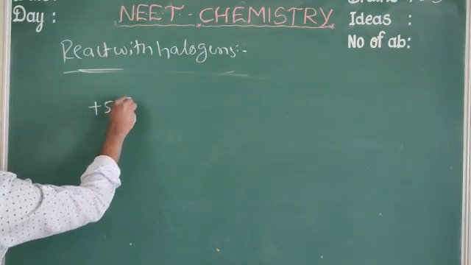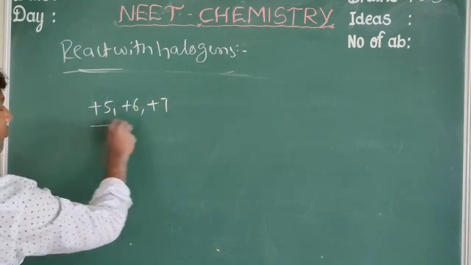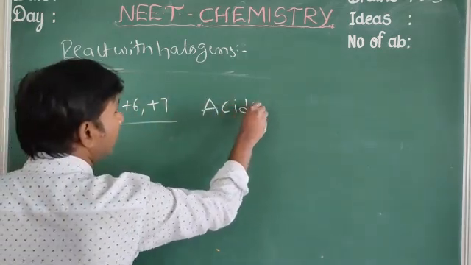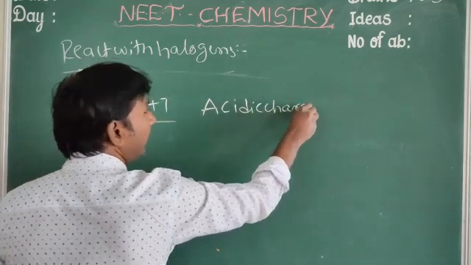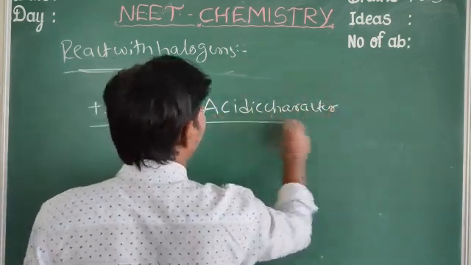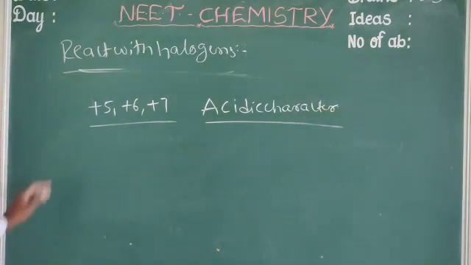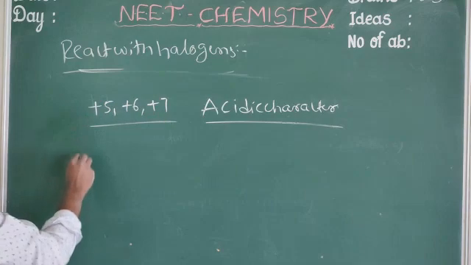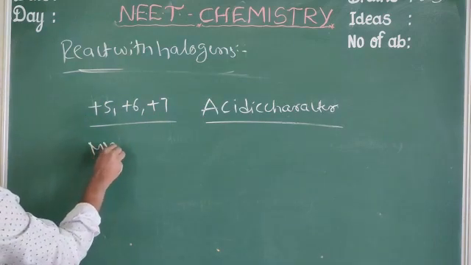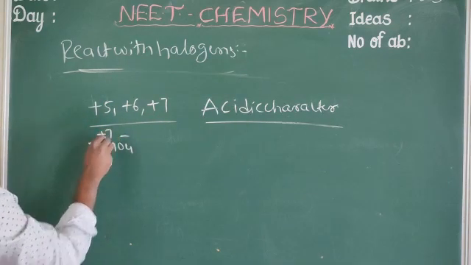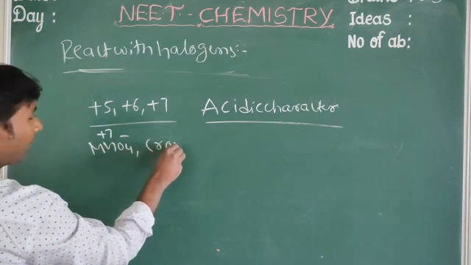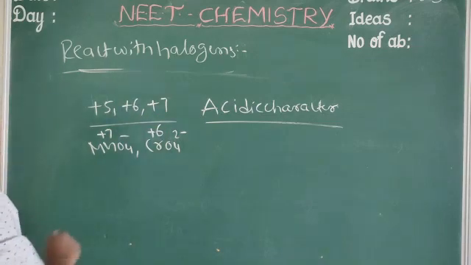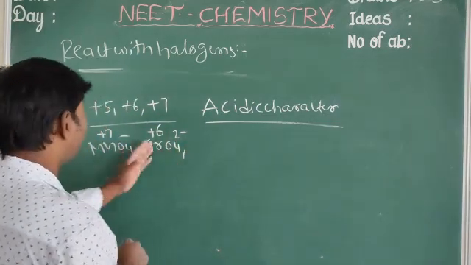Next, +5, +6, +7 oxidation states show acidic character. For example, MnO4 minus, +7, and CrO4 2 minus, +6, like that.